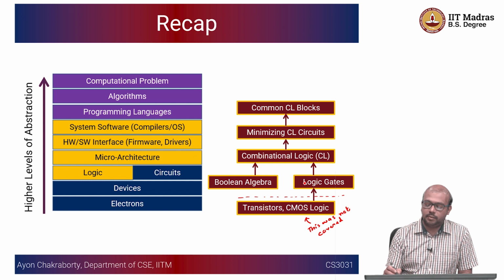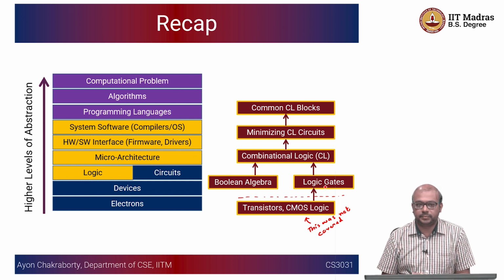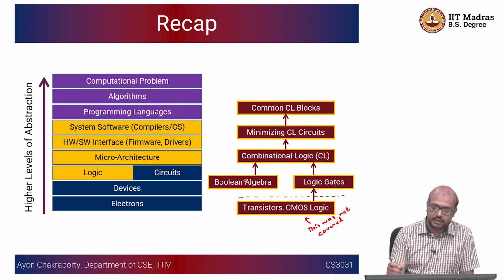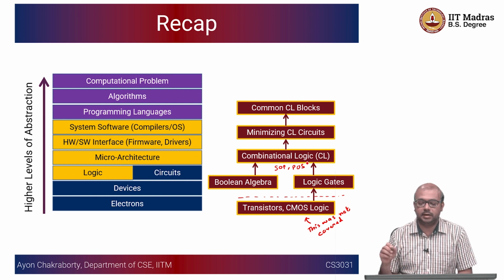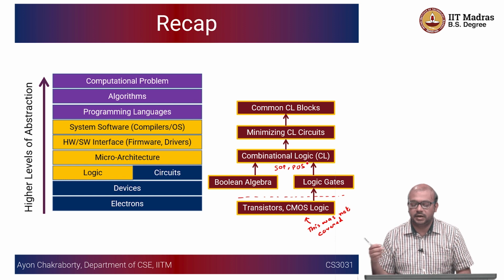On one hand, we understood that for a given truth table, how to find, let's say, an SOP or a POS expression, and followed by that we used the SOP expression, the collection of these min terms, to create a combinational logic circuit.